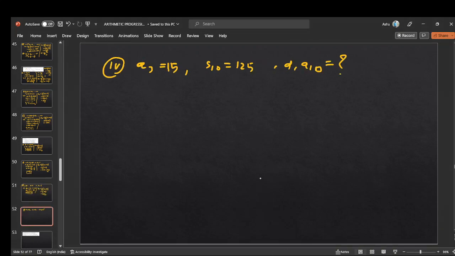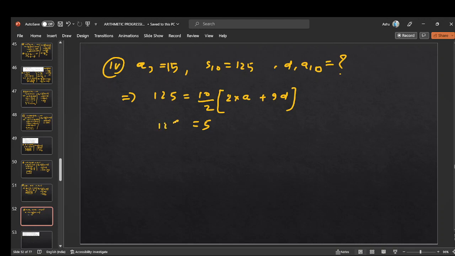This is the fourth part. Now we have covered it. Here S10 is given, 125, equal to n by 2, that means 10 by 2, and first term 2 into A, 2 into A, and plus n minus 1, 10 minus 1, that means 9 into D. Here it will be 5.